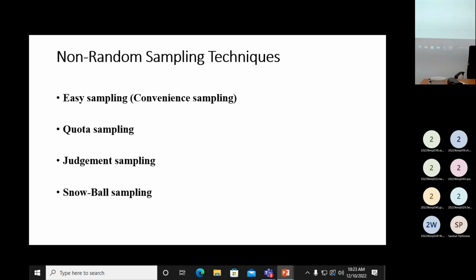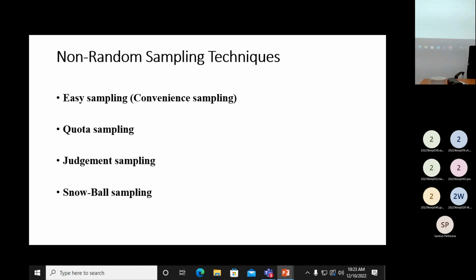That's all. What is the advantage of this? Right. If it is difficult to identify sample items, this method can be used.